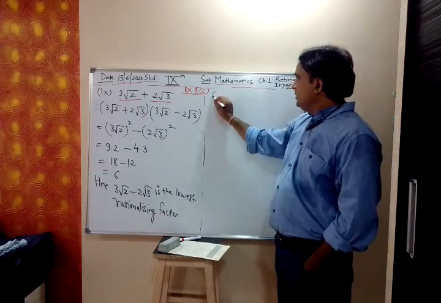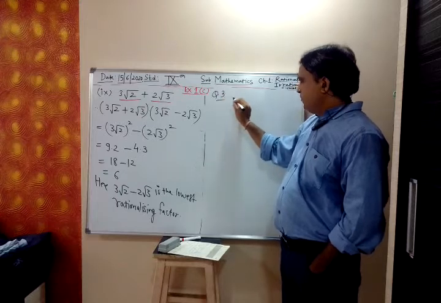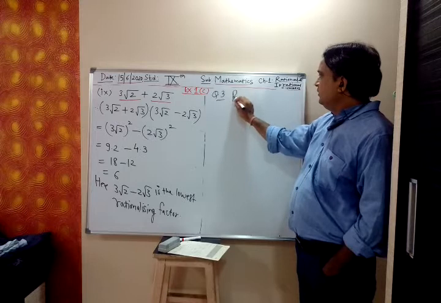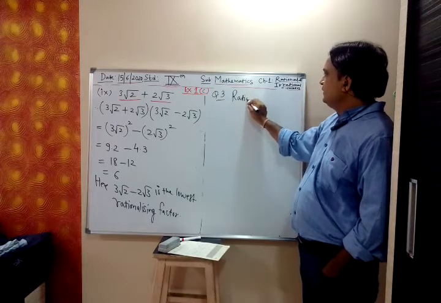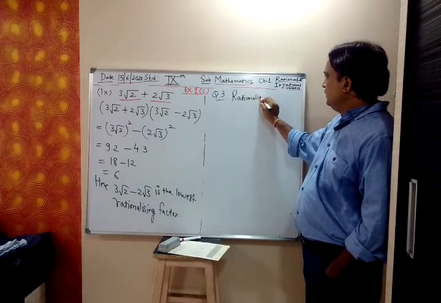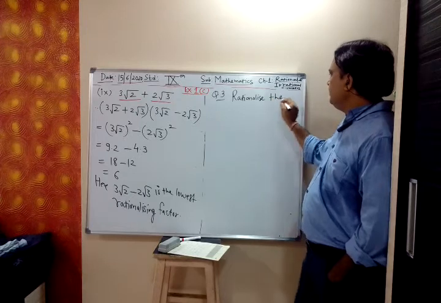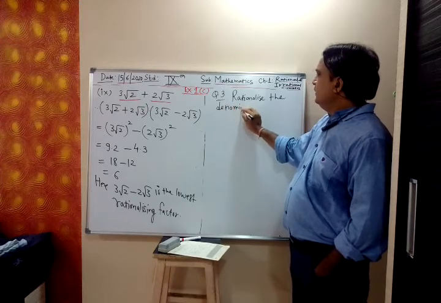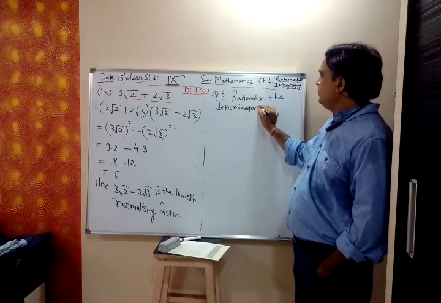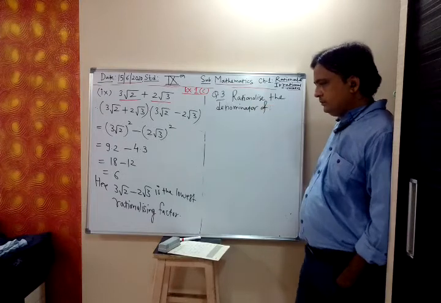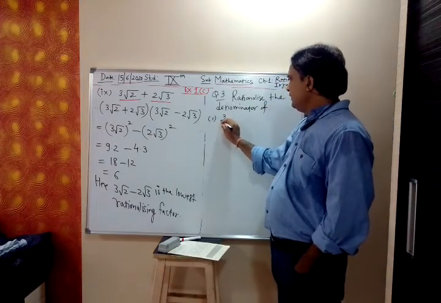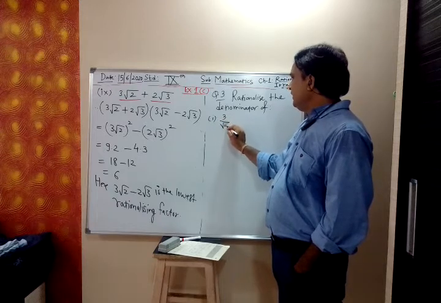Now, question number 3. Rationalize the denominator of. In this we have to rationalize the denominator. First, 3 upon root 5.